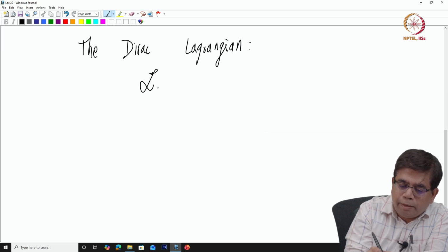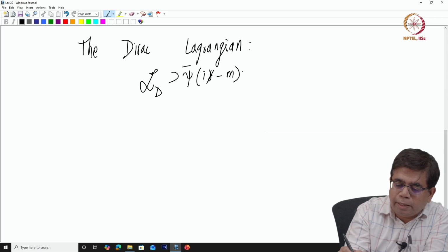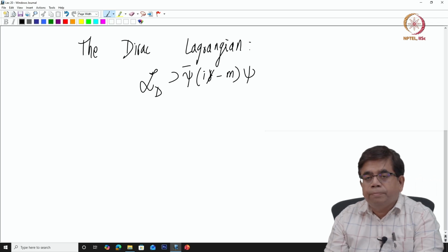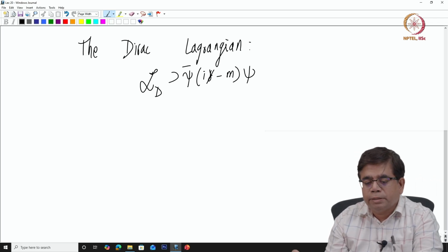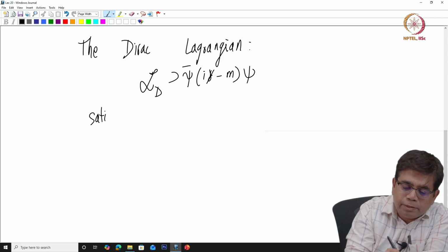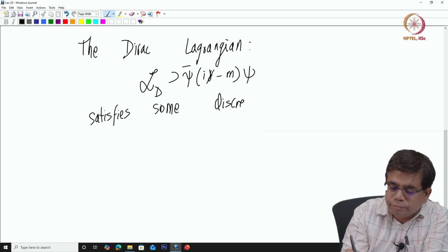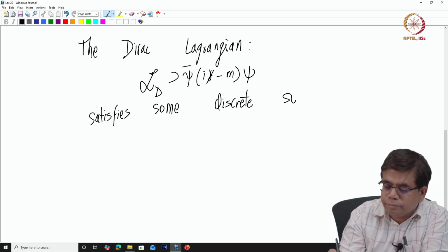L Dirac equals psi bar (i del slash minus m) psi, which satisfies some discrete symmetries in particular.